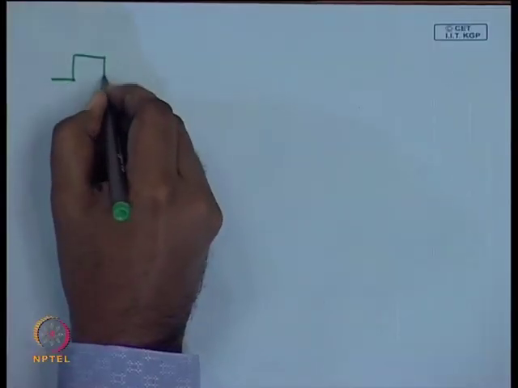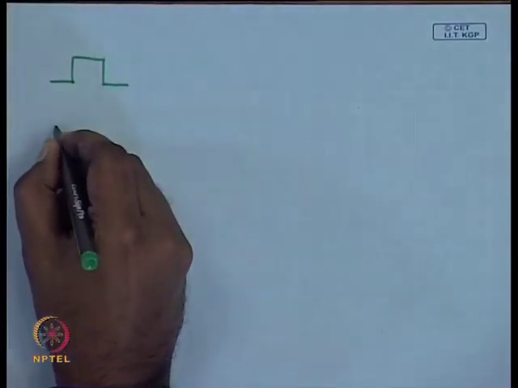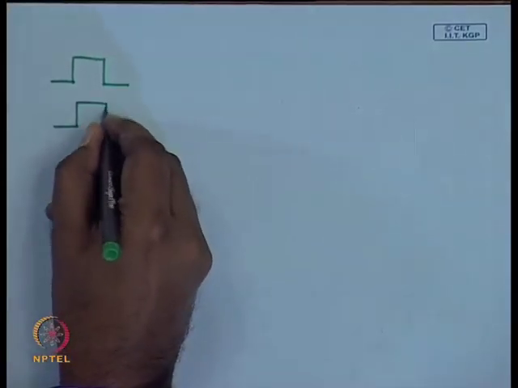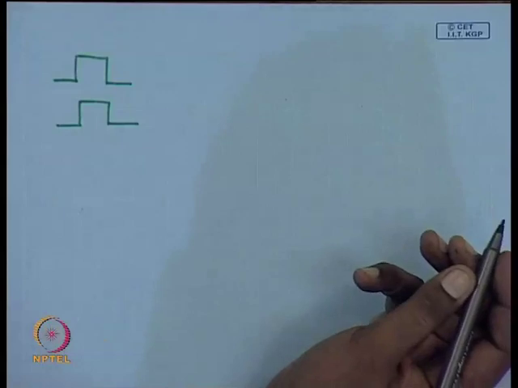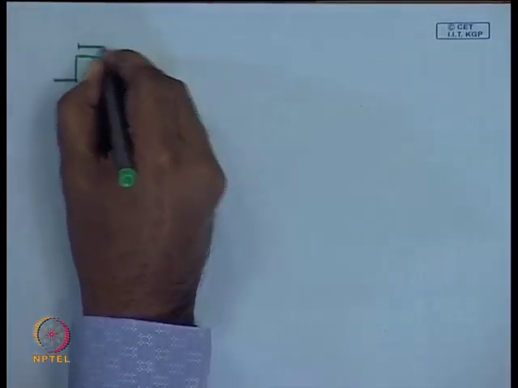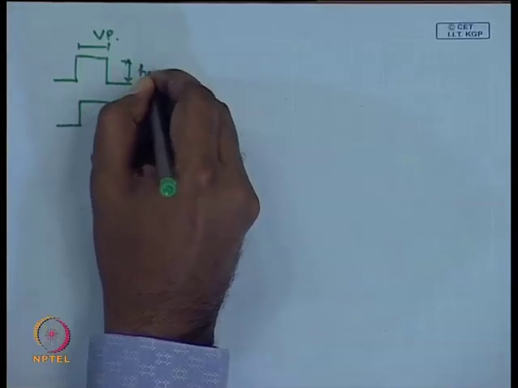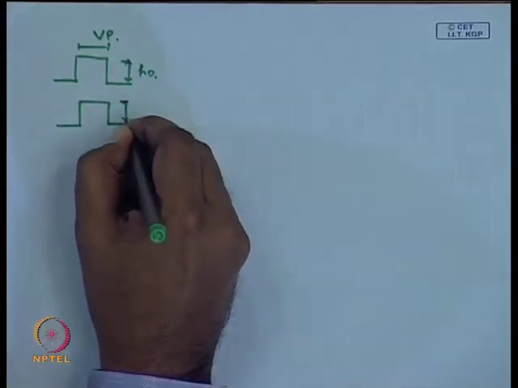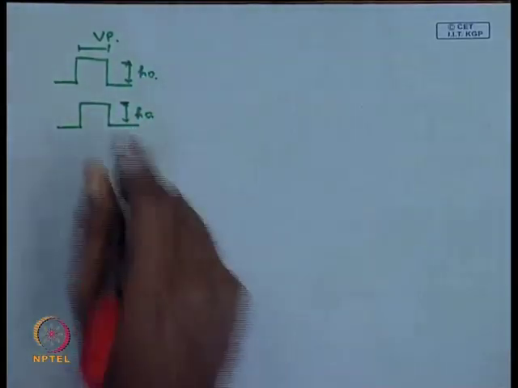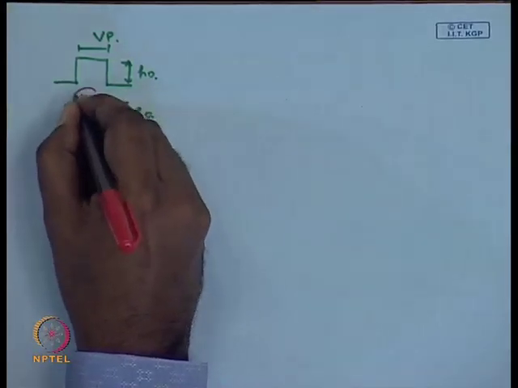So, the final structures might be after replication. If this is, let us say, your stamp geometry, your final replicated structure might be a negative replica of that. So, it dimensionally matches. Let us say if this is the width of the valley, this is H0. So, you might actually be able to create this. But what is the problem?